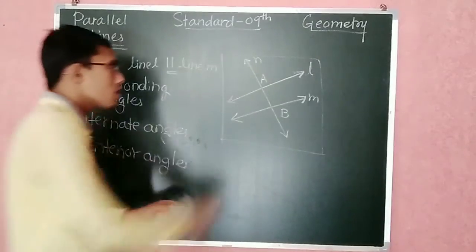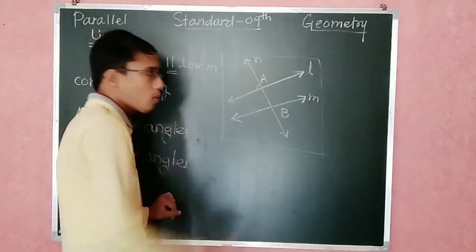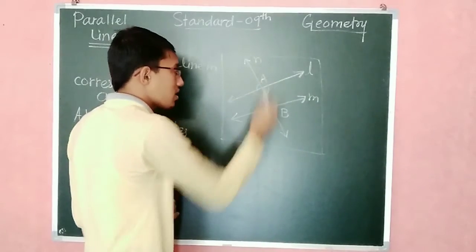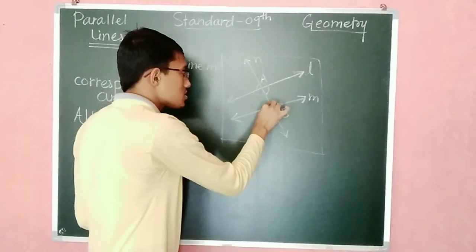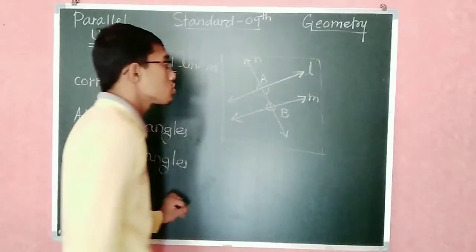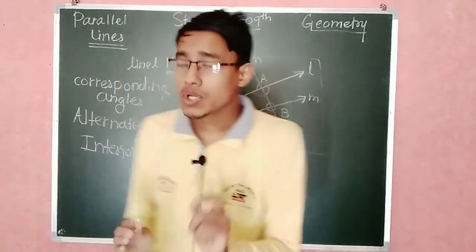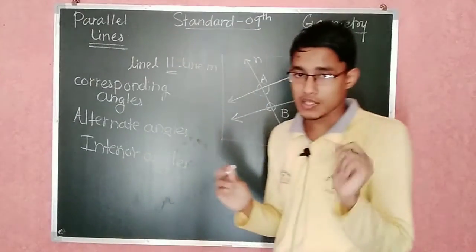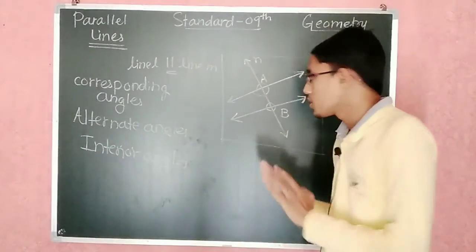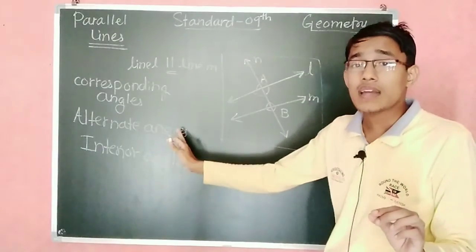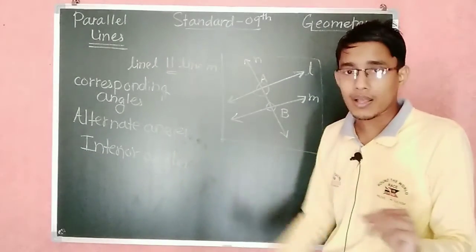Here an angle has been formed, here an angle has been formed, this angle is formed, and this and this. A total of 8 angles have been formed when a transversal intersects two parallel lines. These angles are classified as corresponding angles, alternate angles, and interior angles.